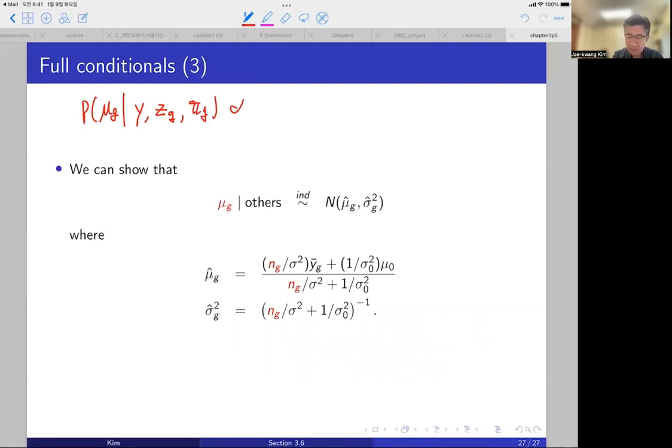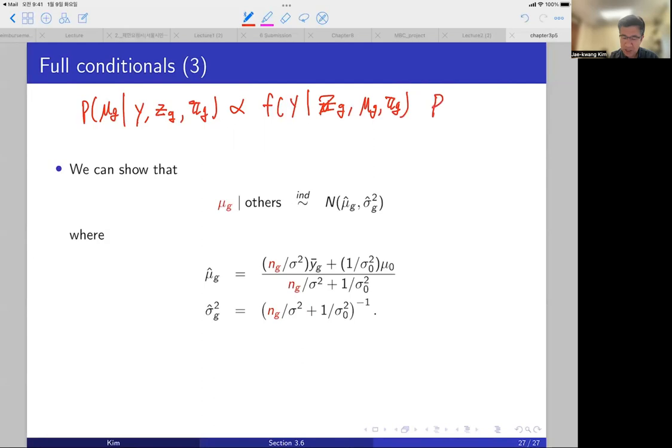And then you want to do something like this: cg, mu g, and pi g. And then you have a prior. Your prior is normal.